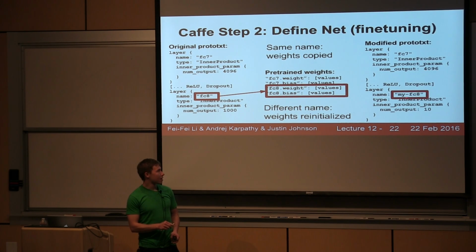So the way that you do that is you need to change the name of the layer in the prototxt file to make sure that it's actually initialized randomly and not reading from the caffemodel. And if you forget to do this, then it'll actually crash. And it'll give you a weird error message about the shapes not aligning. Because it'll be trying to store this 1,000-dimensional weight matrix into this 10-dimensional thing from your new file, and it won't work.